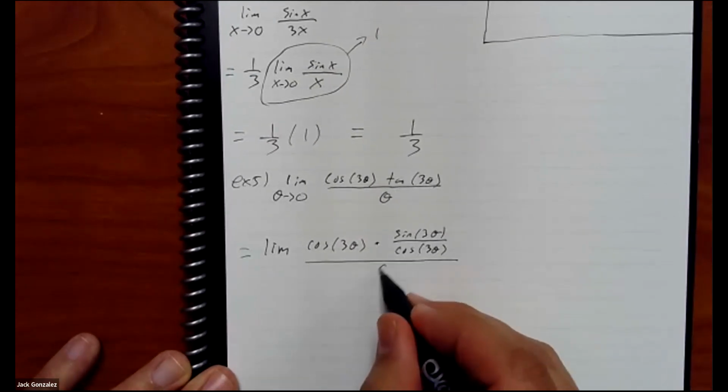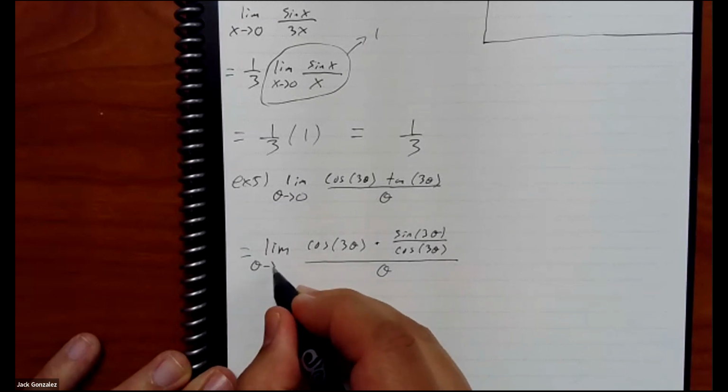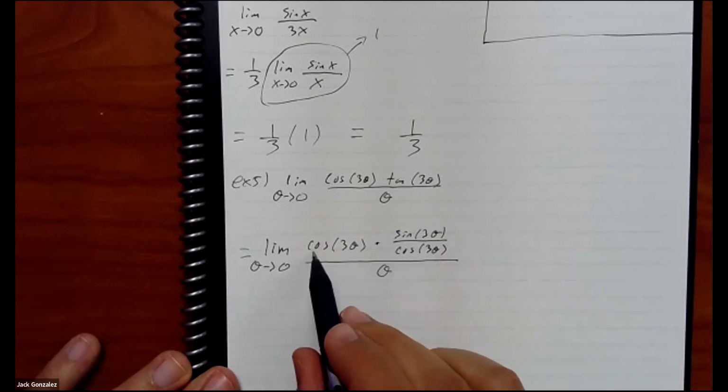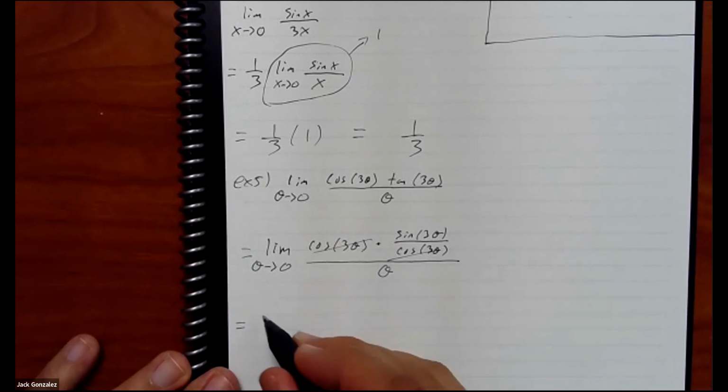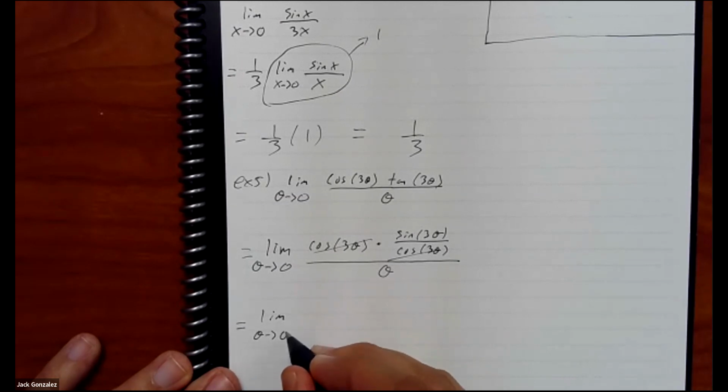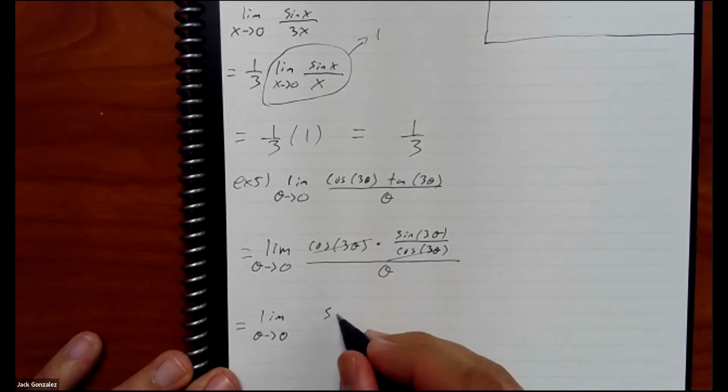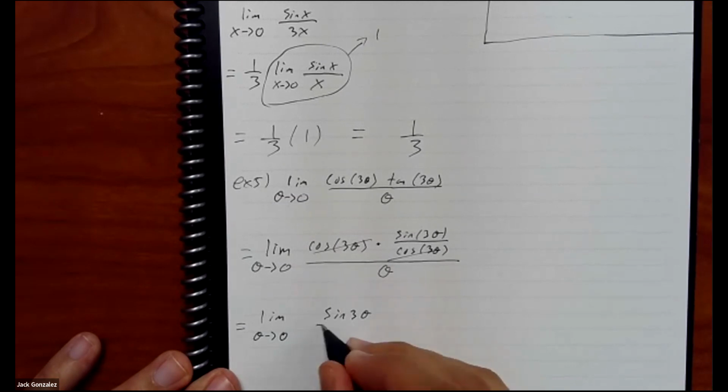From your trig class. So these cosines will cancel, leaving me with the limit as theta approaches 0 of sine 3 theta over theta.